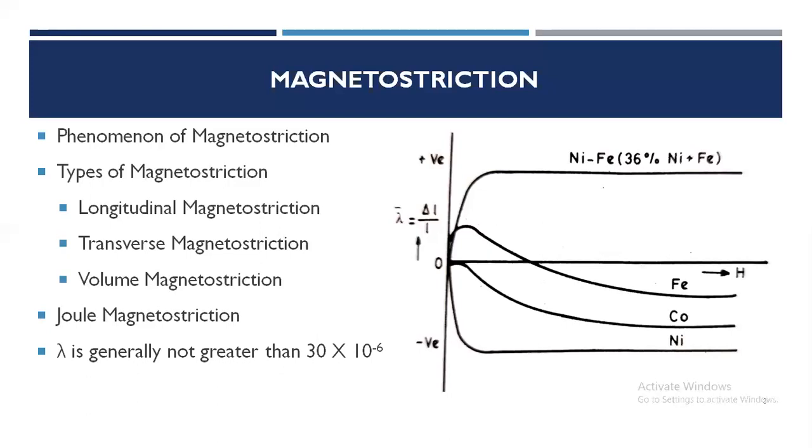It has been observed experimentally that nickel and cobalt crystals contract when magnetized in any of the three directions of a crystal, and an iron crystal expands when magnetized in the easy direction of magnetization and contracts when magnetized in the hard direction.